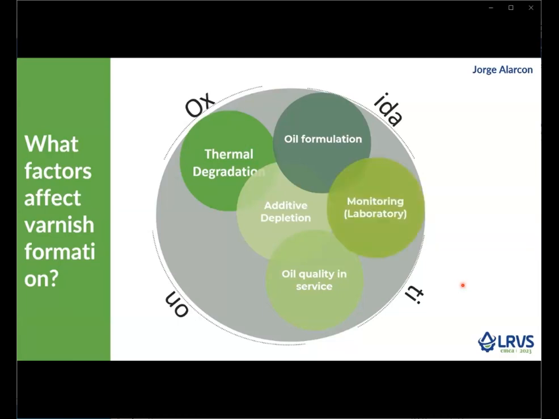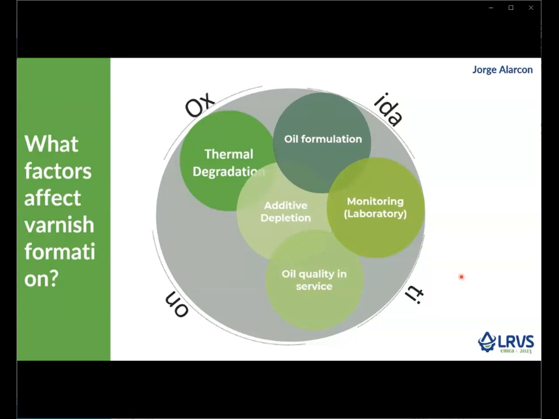And this is probably not related to the system, but it's very important. A lot of people try to understand the best way to monitor the varnish or the health of the oil by lab testing, and a lot of people are looking only for MPC, right? Membrane patch colorimetry.